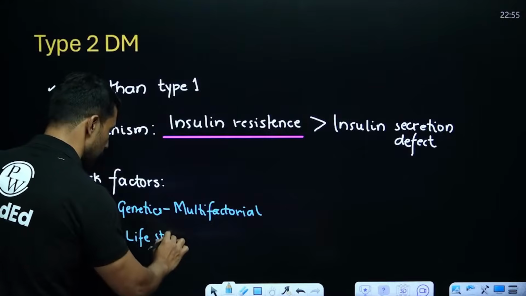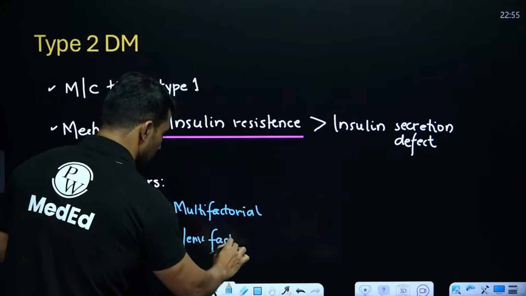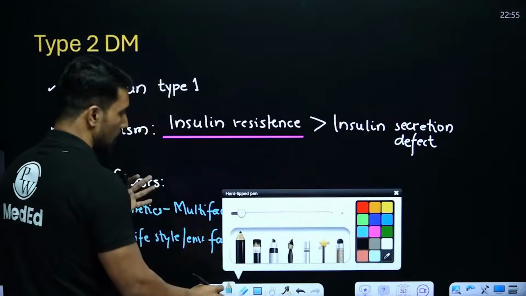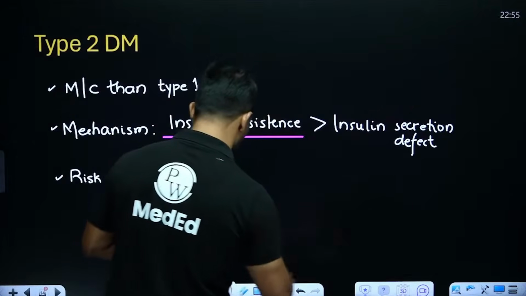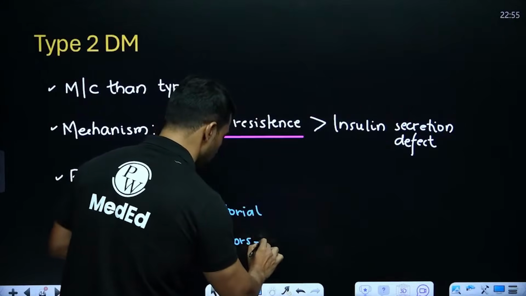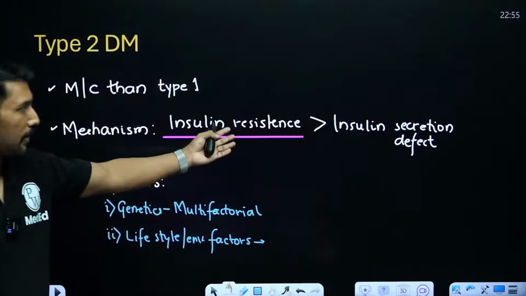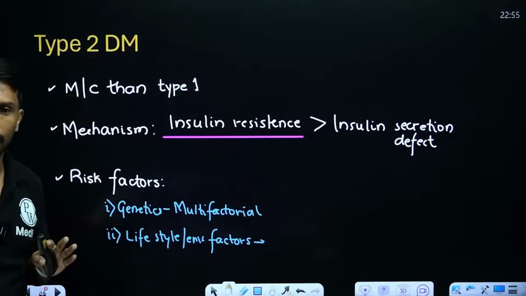And second, lifestyle. We can call it environmental factors as well, and it is more of the environmental factors which have a major influence. When it comes to environmental or lifestyle factors, what are the important risk factors for someone to develop insulin resistance so that he ends up with type 2 diabetes mellitus?